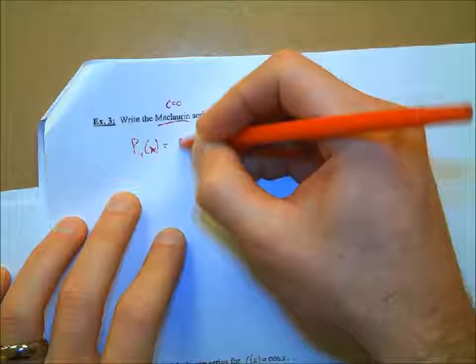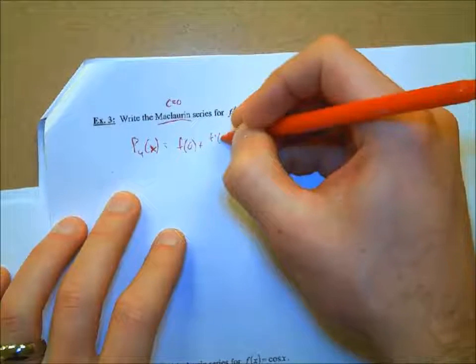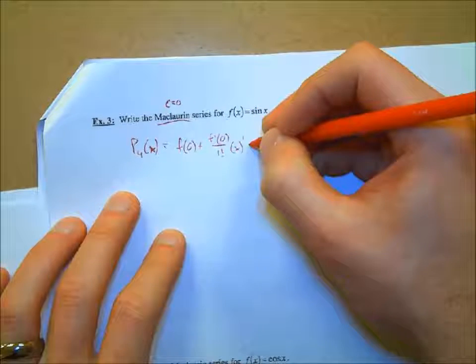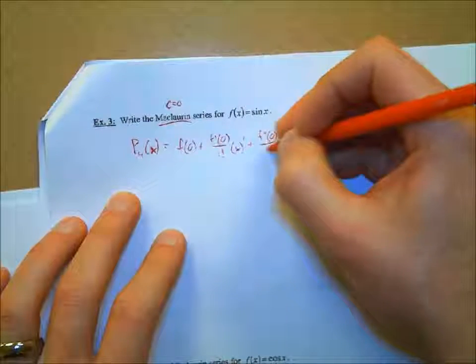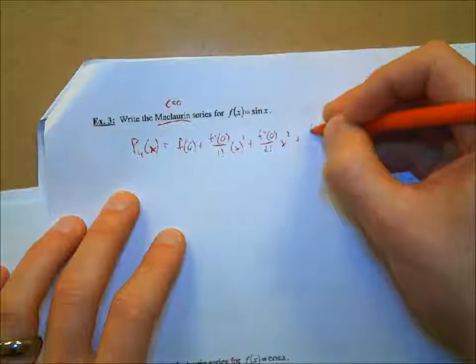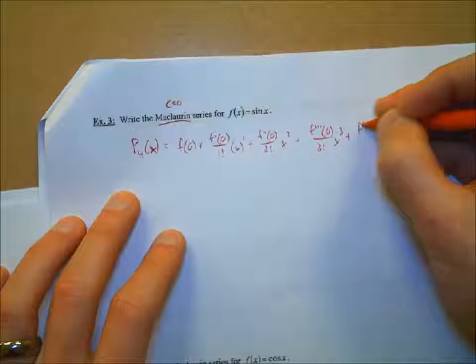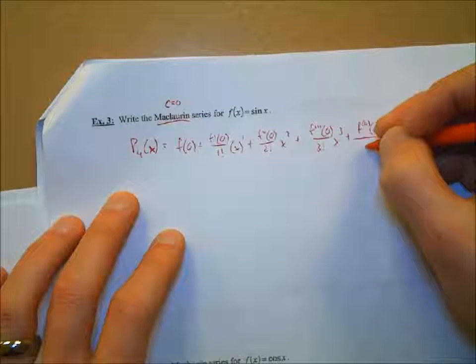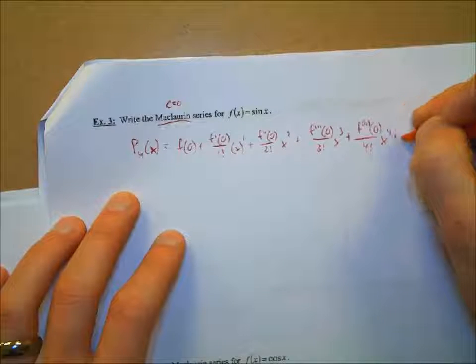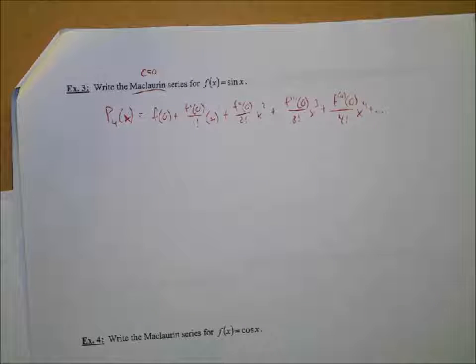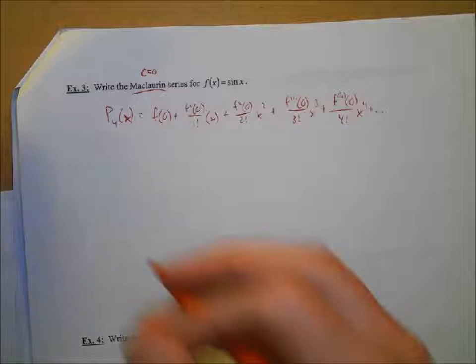That would be f of 0 plus f prime of 0 over 1 factorial x to the 1 plus f double prime of 0 over 2 factorial x to the 2 plus f triple prime of 0 over 3 factorial x to the 3 plus the fourth derivative of f at 0 over 4 factorial x to the 4 plus dot dot dot. You get the idea, right? So there's our Maclaurin polynomial, and we need to come up with f at 0, f prime at 0, f double prime at 0, f triple prime at 0, the fourth derivative of f at 0, and so on and so forth.